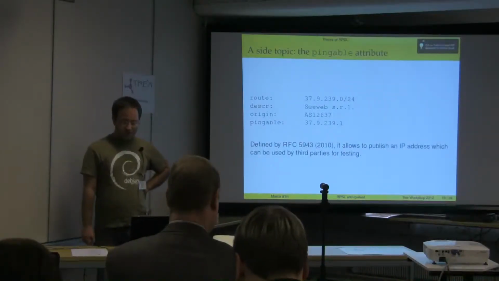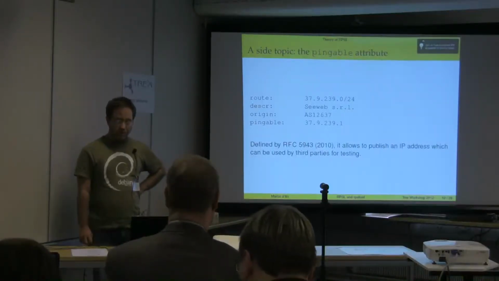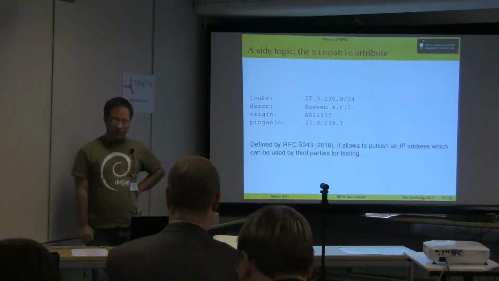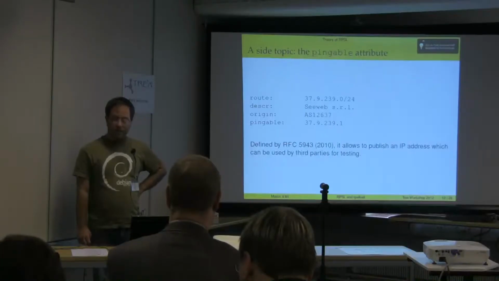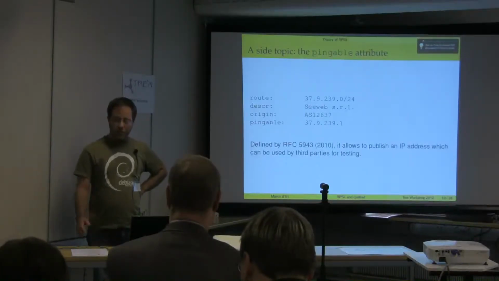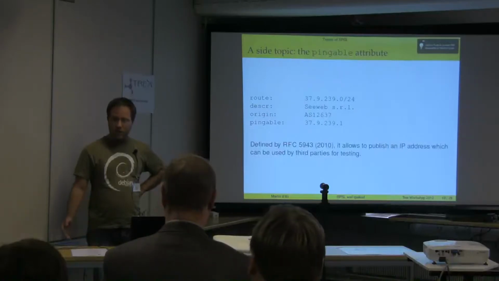I want to spend just a minute on a very recent addition to RPSL, which is the pingable attribute of route objects. You can use it to describe an IP address, IPv4 or IPv6, which can be used by third parties for debugging your network, for traceroute, pings and so on.